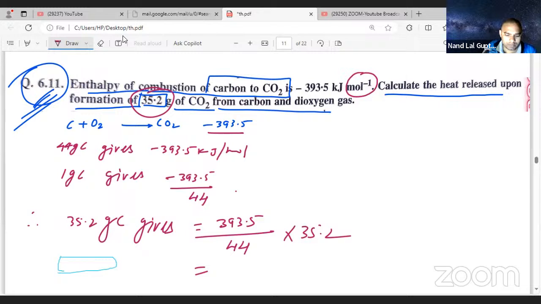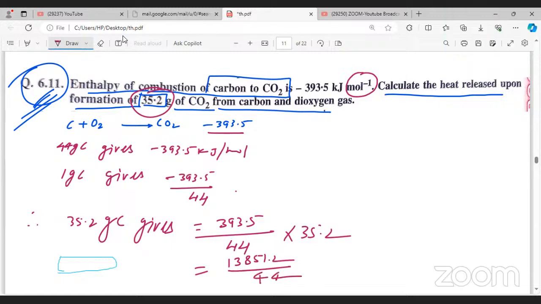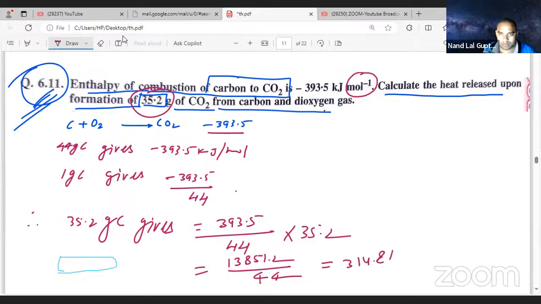Tanu, are you solving? Yes, sir. 393.5 multiplied by 35.2, for me it is coming 13,851.2 divided by 44. Let me take the answer: 314.8 kilojoule.